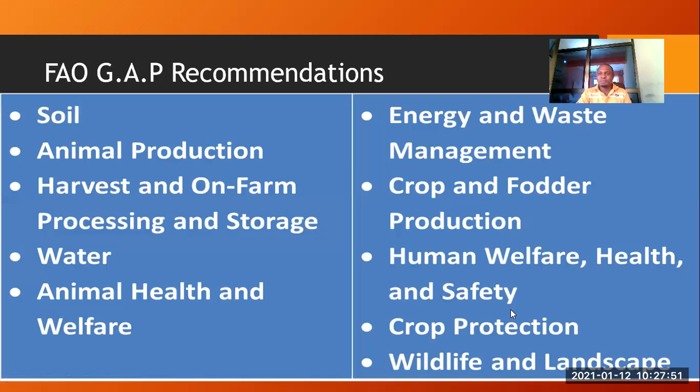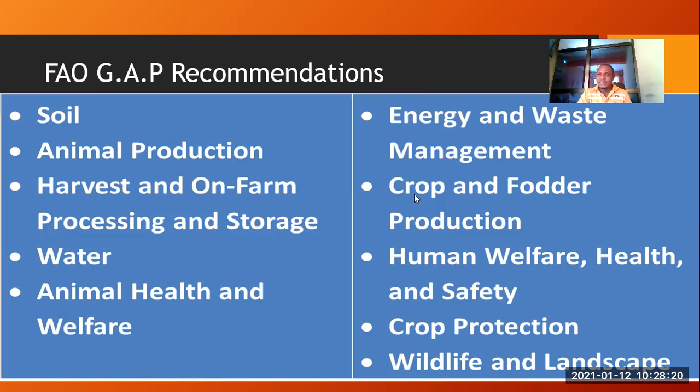These four main principles have been considered by the Food and Agriculture Organization. And according to the Food and Agriculture Organization, all these things listed here: soil, animal production, harvest and on-farm processing, storage, water, animal health and welfare, energy management and waste.